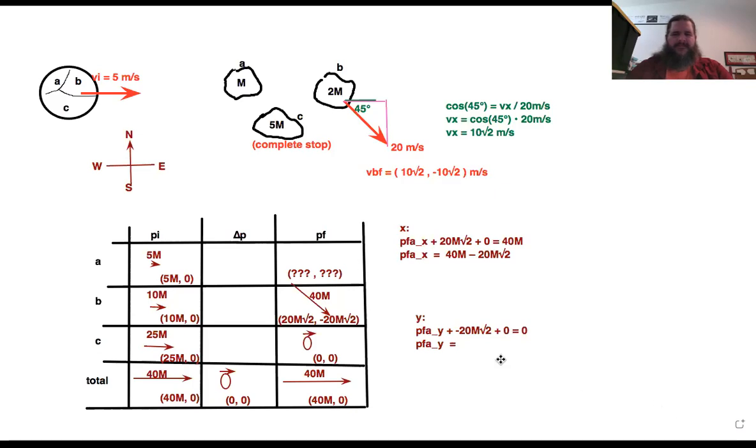Would it be 0 minus negative 20m root 2? Right. In other words, adding 20m root 2, because we're just subtracting a negative. So positive 20m root 2. So we now have the X component and Y component, and that should give us the vector. So we've got X component 40m minus 20m root 2, and Y component 20m root 2.